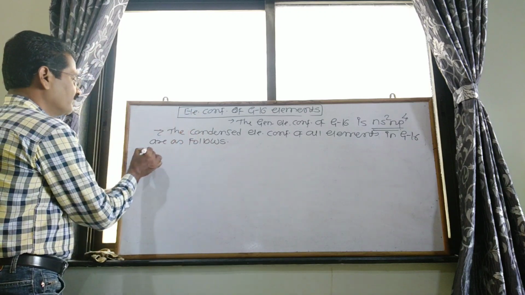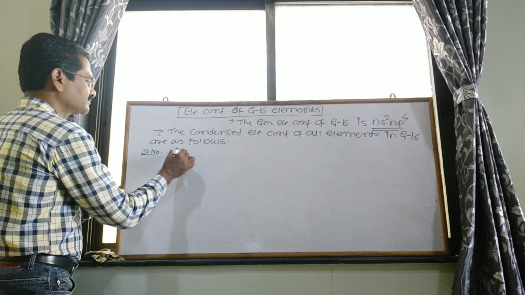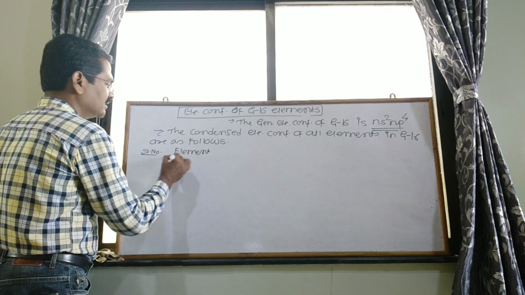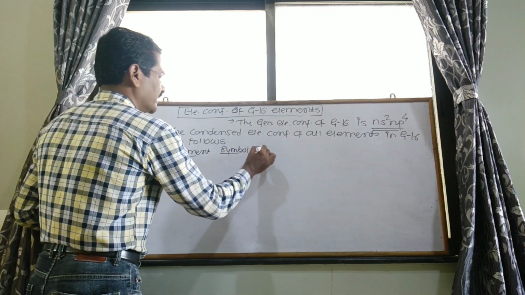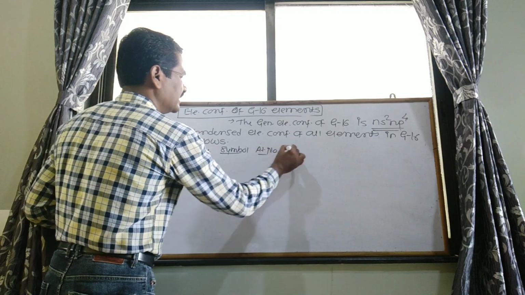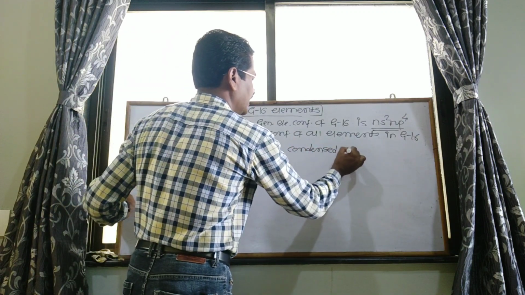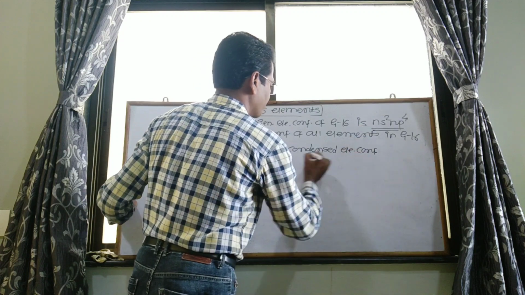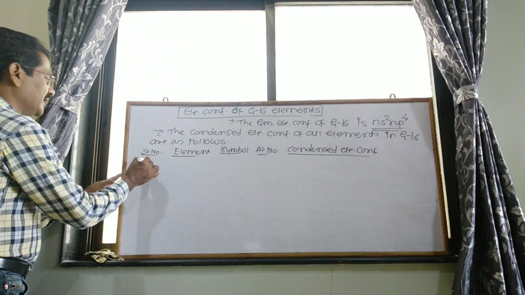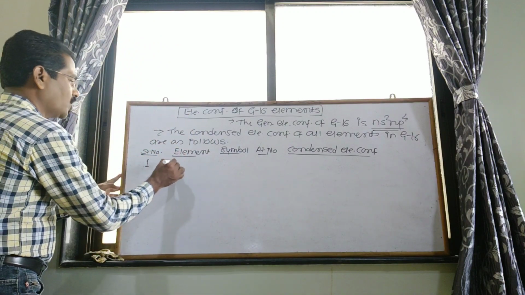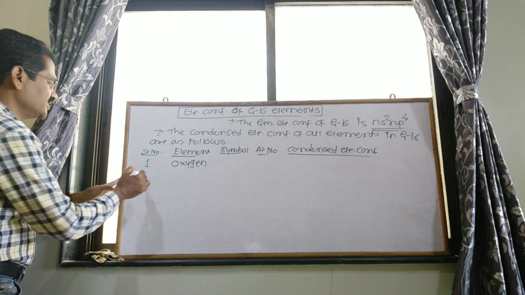For that purpose, first serial number, then element, then the symbol of that element, atomic number, and lastly condensed electronic configuration. The first element is oxygen.